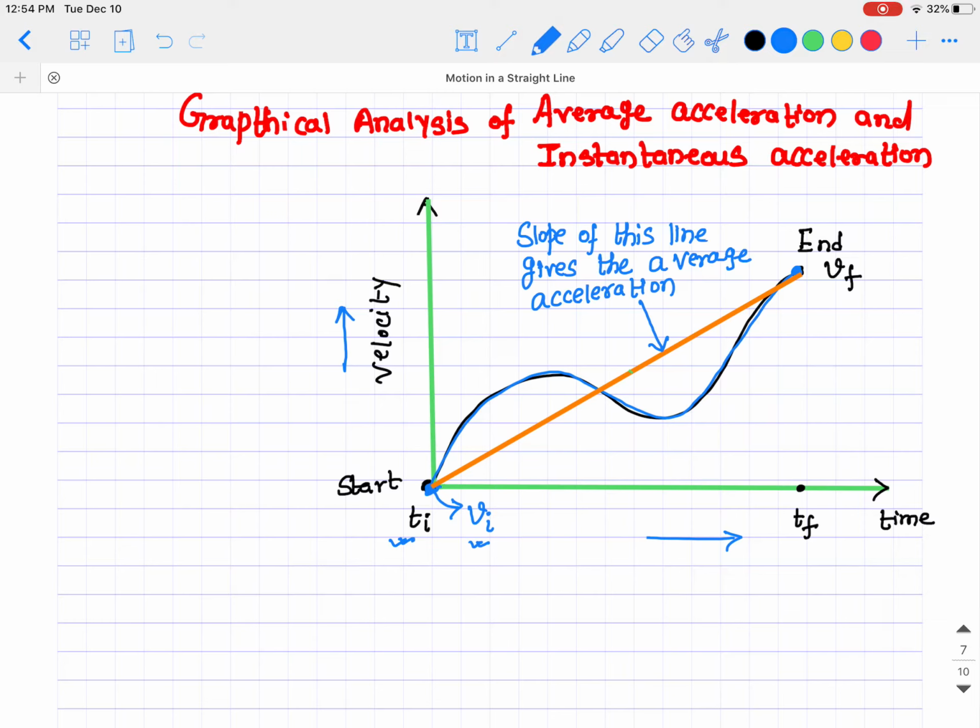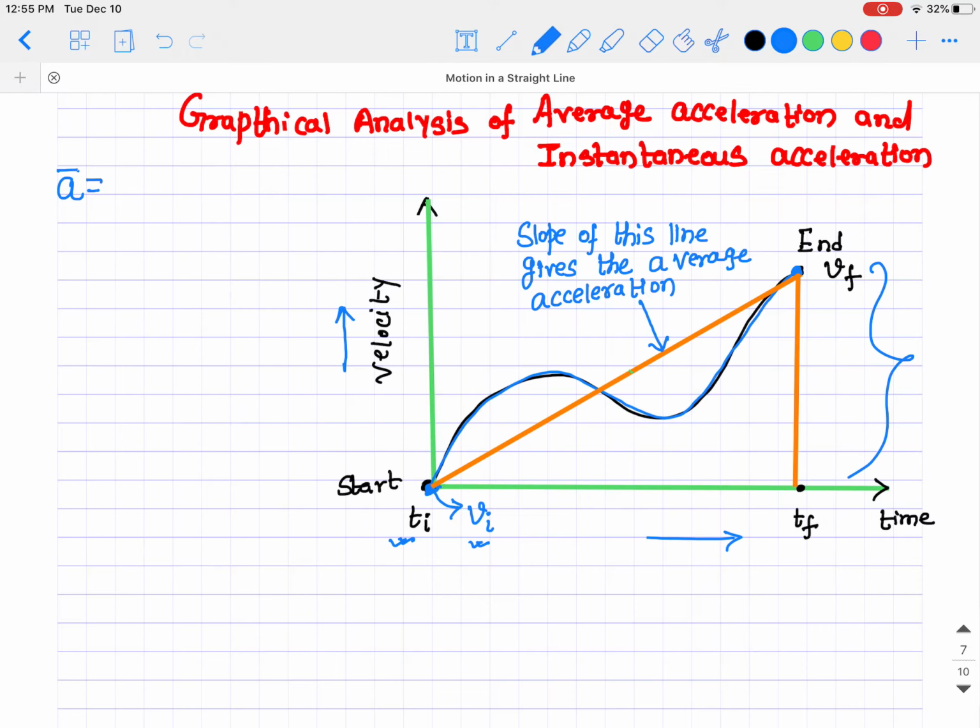And how do we measure the slope of this line? How is the slope defined? It is defined as the rise over run. So in this case, the average acceleration would be the change in the velocity.